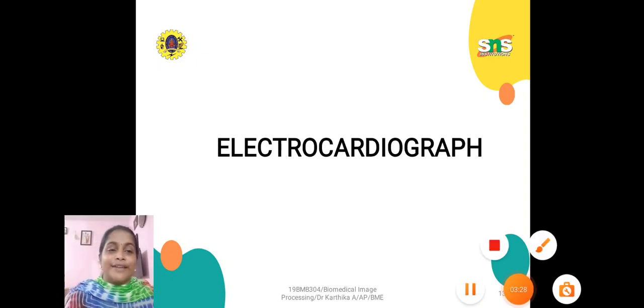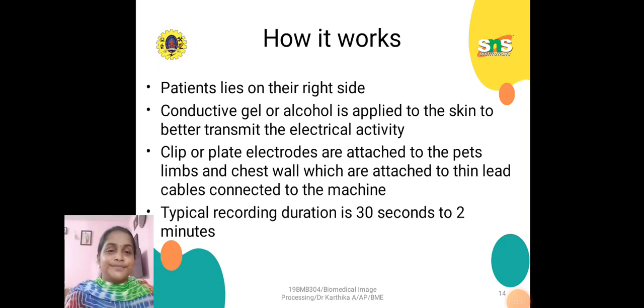And we have the electrocardiograph. How it works: the patient lies on their right side. One thing I said in the previous video is that these medical imaging modalities are normally used for humans as well as animals. In the case of animals, they can lie on the right side like humans, or they can stand by themselves.